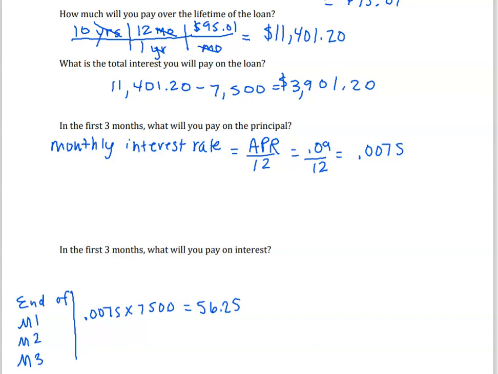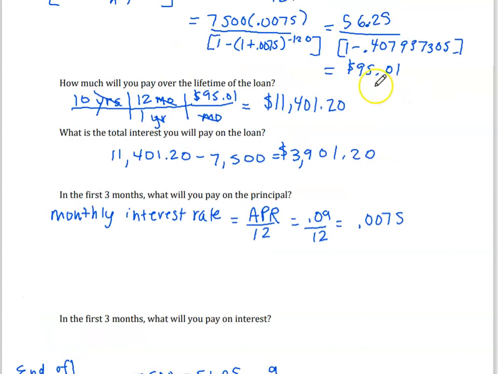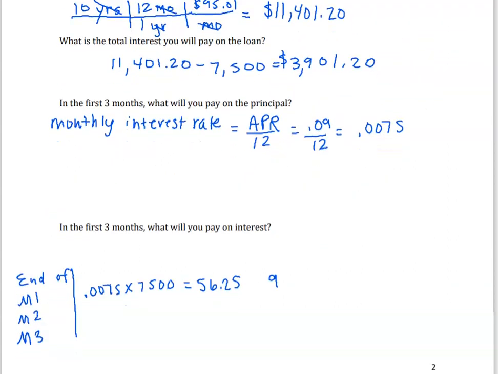Now, not all of that is going to go towards our payment. It's going to go towards our interest payment. Remember that our bill, from up here at the beginning when we calculated the monthly payment, was $95.01. So not all of that is going to go towards that $7,500.